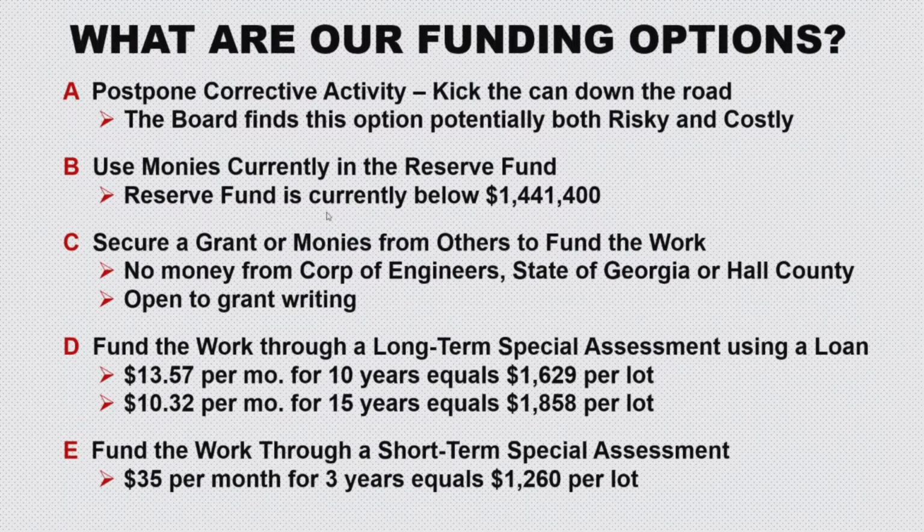And we could fund the work through a short-term special assessment: $35 a month for 3 years, or $12.60 a lot. Now, we could do one other thing that I haven't got on here, and that is we could fund it through our regular dues.